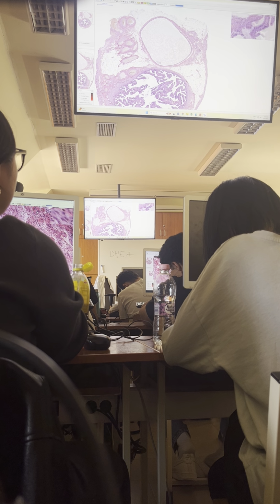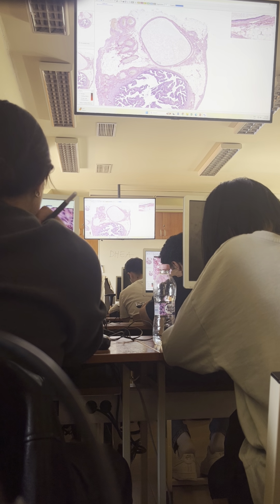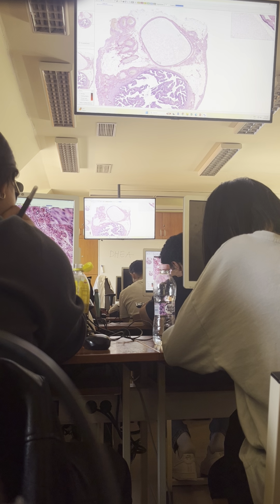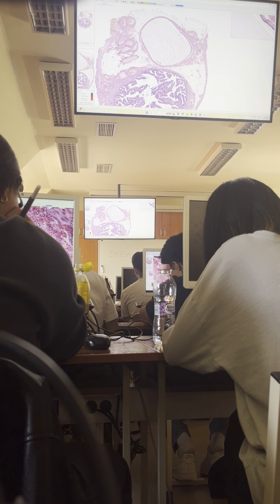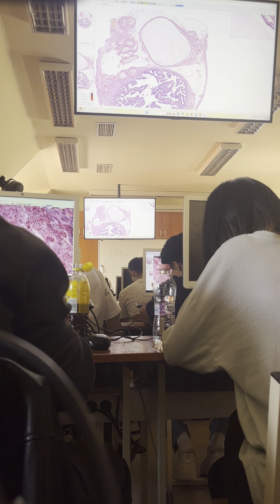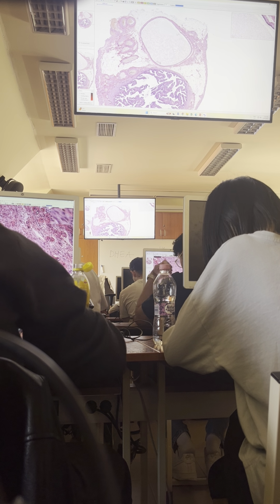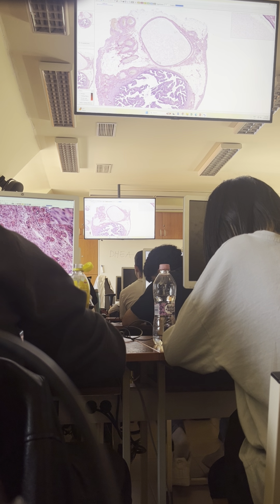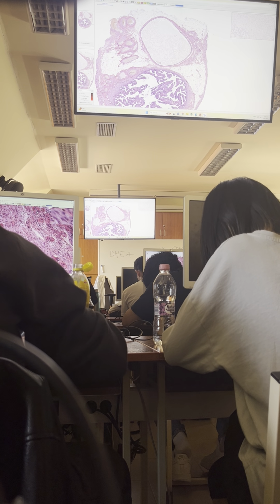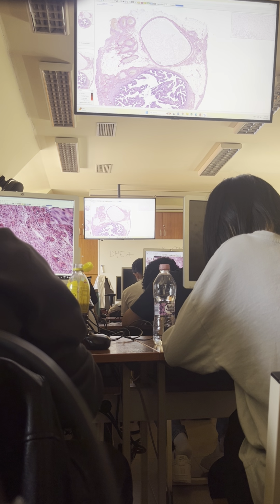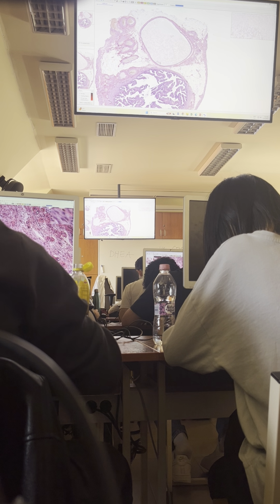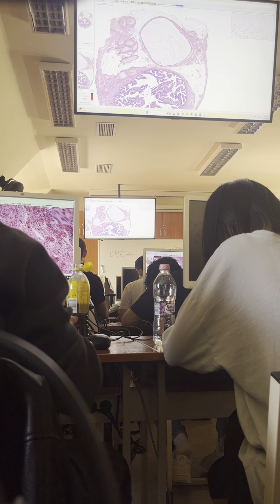Now, this other big lumen is the lumen of the remnant of the mesonephric duct, which, remember, is the excretory duct of the mesonephric system, which disappears or tends to disappear in females, but some remnants may persist even in females.